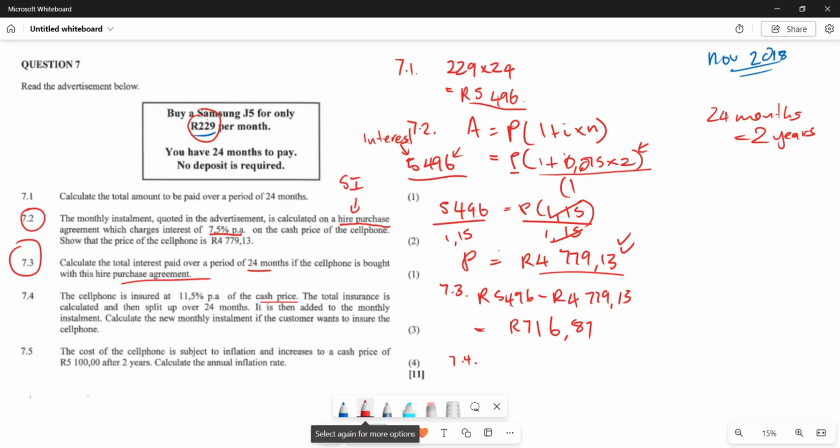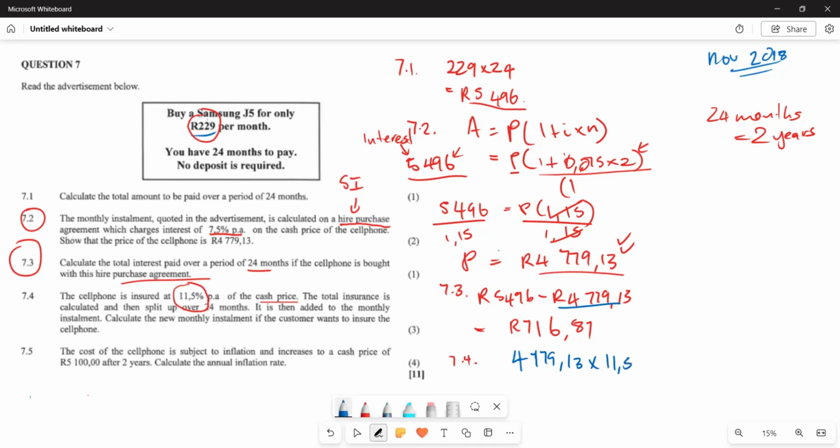Now, in order for you to calculate this, you are going to start here. Isn't it that they are saying this is 11.5% on the cash price? Remember, this is the cash price of this particular cell phone, the price after the store has sold it and made an interest, the total amount of money. So here you're going to take 4,779.13 and calculate 11.5% of it.